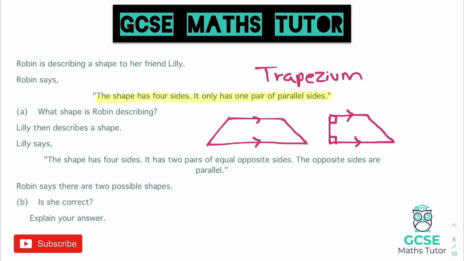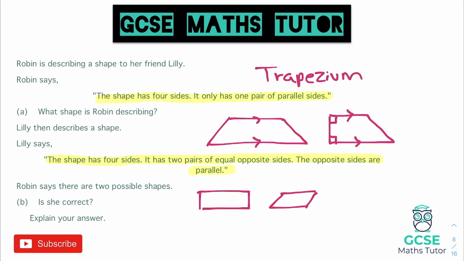Now the second one here is a bit of a strange question. It says Lily says the shape has 4 sides and it has 2 pairs of equal opposite sides, and the opposite sides are parallel. Now this is a bit of an ambiguous question because of the way that it's phrased. So we could think about the most obvious ones, which is a rectangle and also a parallelogram.